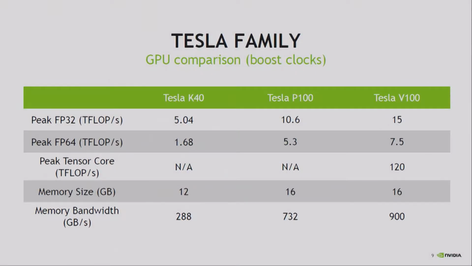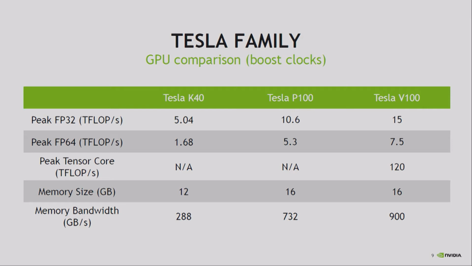And here's a summary of all the things. We know how many SMs we have, we know the clock, and the number of cores, so we can actually compute flops for all these different architectures, starting from Kepler, Pascal, and Volta. You can see the trend is increasing. Pascal is twice as fast as K40, and then Volta is, I think, 50% better in general.